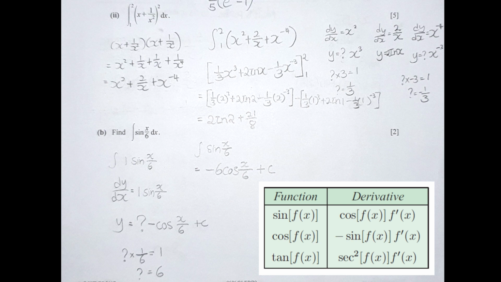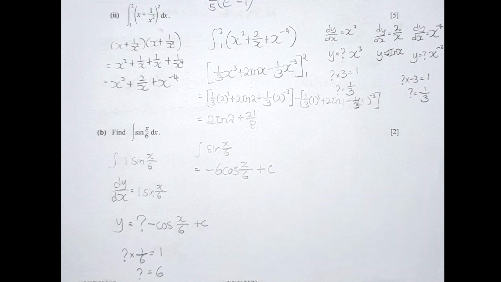If I extract 1 over 6 out and multiply it with the unknown, the result is 1, so the unknown will be 6. So the anti-differentiation of sine x over 6 will be negative 6 cosine x over 6 plus c. This c, we couldn't identify because we don't have sufficient information. However, for certain types of questions, you are required to identify the details.